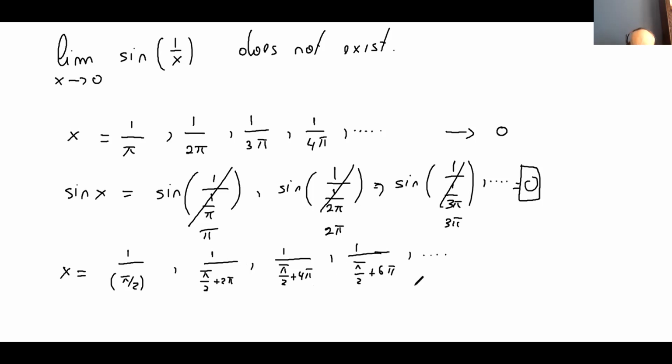When we flip these over, when we say sine of 1 over x, I'm going to end up with sine of 1 over one of these numbers, which flips over yet again.